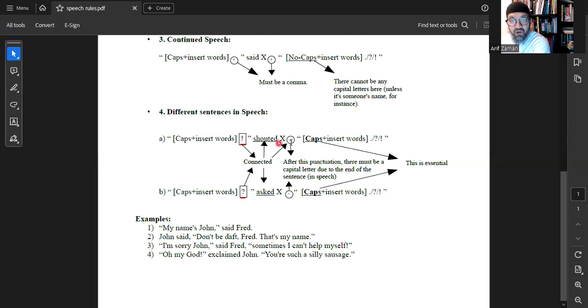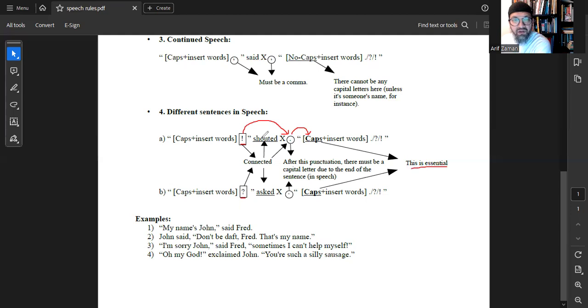Shouted X, full stop. Did you see? Because of this, you have to have this, okay? Then you open speech marks, then you have to have a capital letter, then you have the rest of the words, full stop, question mark, or exclamation mark, end sentence, okay? So over here it says, this is essential. What is the capital letter there?